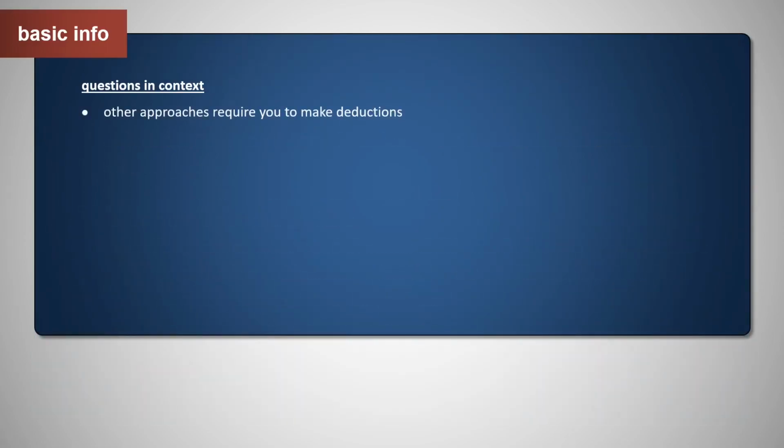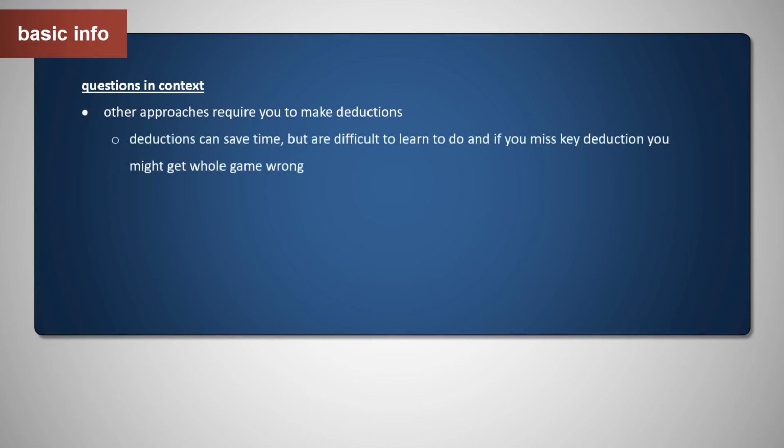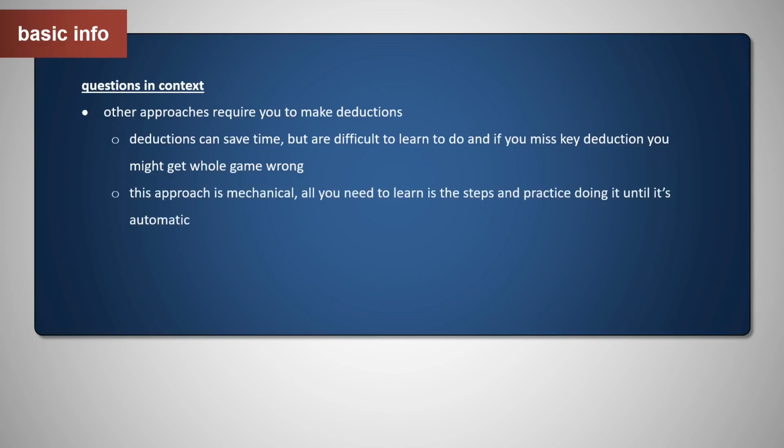The other mainstream or conventional approaches from other companies require you to make deductions. Now, the deductions can save time, but they're difficult to learn to make. And if you miss a key deduction, you might get the whole game wrong. So deductions have their problems as well. My approach is mechanical. All you need to learn is the steps and practice doing it until it's automatic.